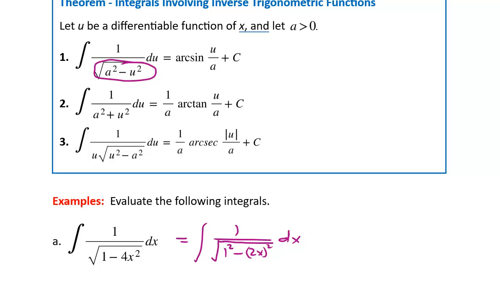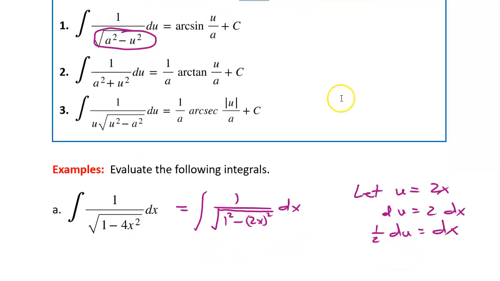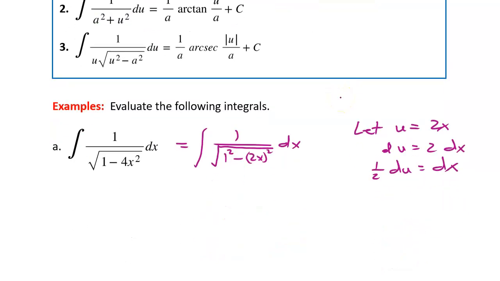So I'm going to let u be 2x, then du will be 2dx. I don't see a 2 anywhere, so I'm going to have to multiply by 1/2. That takes care of my u, and then a will be 1.